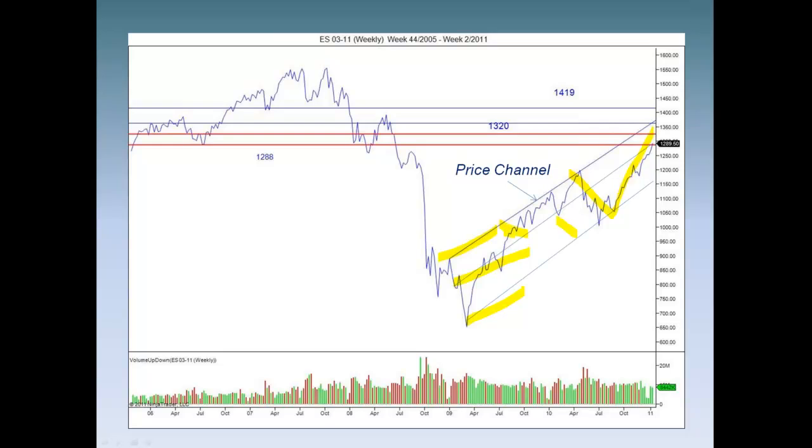Basically, it tells us that price tends to move in a channel with an upper range and a lower range in the channel. And here, prices have dropped to the lower range of the channel, and they're coming back to test about the midpoint or the middle of the channel. And we'll see what happens, as we talked a little bit earlier, as they test this resistance level from the trend line and the resistance level from the horizontal red resistance line that we see here.